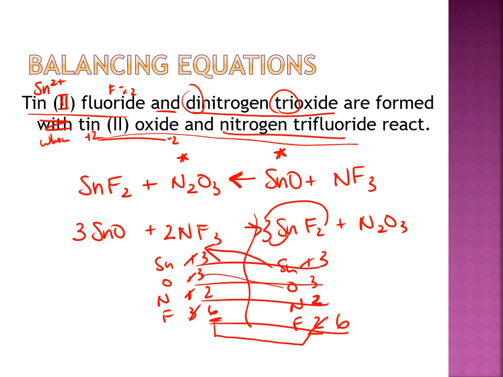So my final balanced equation is going to be 3 SnO and 2 NF3 yields 3 SnF2 and invisible 1 N2O3. If you did it the other way, it's going to be the same numbers, just in different order. So we'll have 3 SnF2 and invisible 1 N2O3 are formed when we have 3 tin 2 oxides and 2 nitrogen trifluorides react.